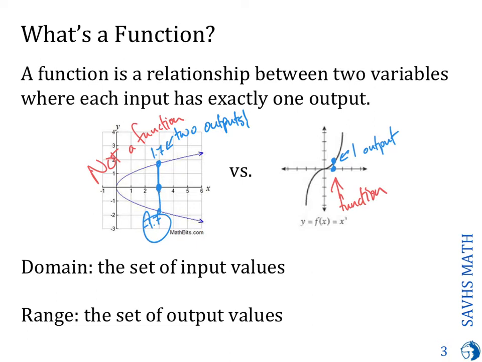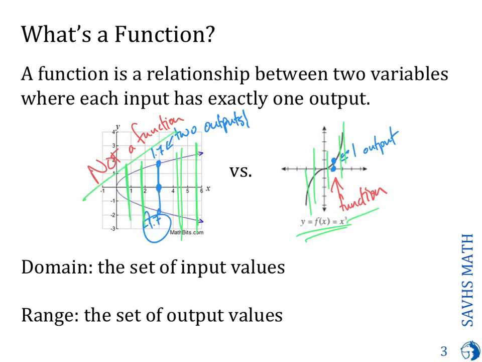One way to tell is you can take a vertical line, any vertical line, and if the vertical line touches 2 places on the graph at a time, then it's not a function. And so all of these vertical lines that I just drew on this side, they work. There's only one output. All of these vertical lines that I drew over here hit 2 things. So that means that this is not a function and this is a function.